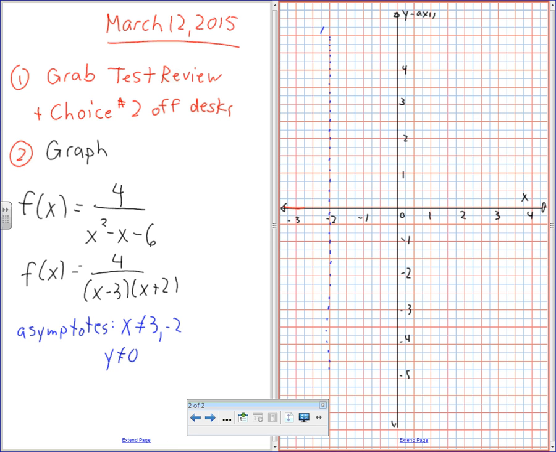So I'm going to write up here as well, x cannot equal -2. I'm going to write here then, x cannot equal 3. And over here, y cannot equal 0. Okay, it is horribly fundamentally important to do that.